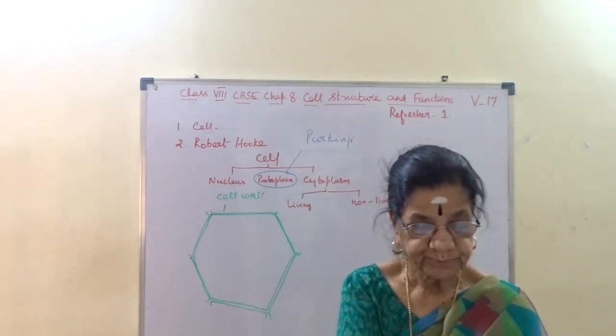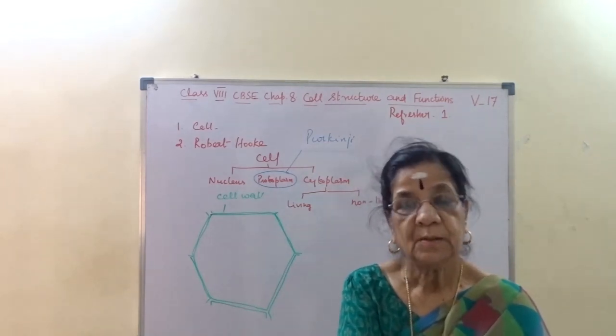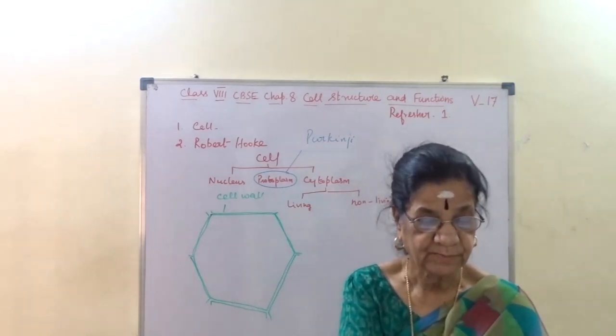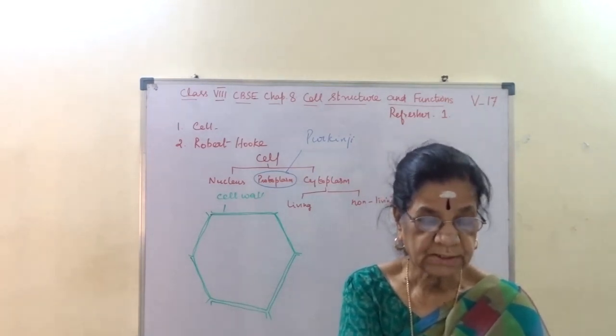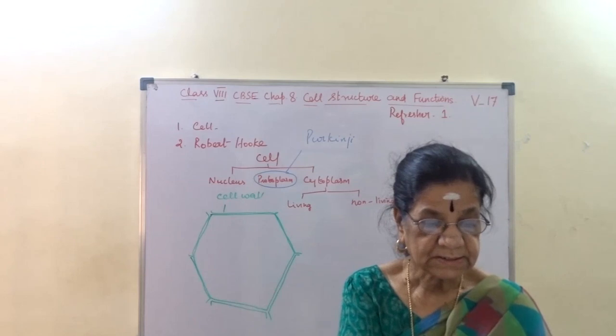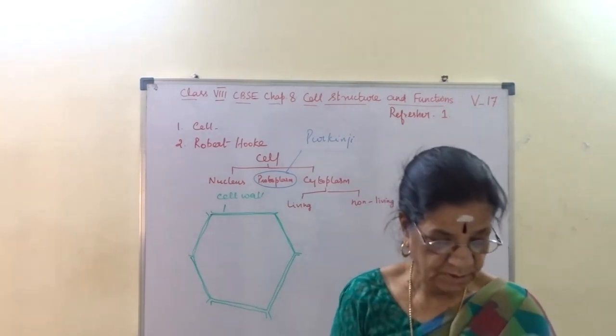So, the cell membrane is also called plasma membrane. The membrane separates cell from one another and also the cell from the surrounding medium. Right?